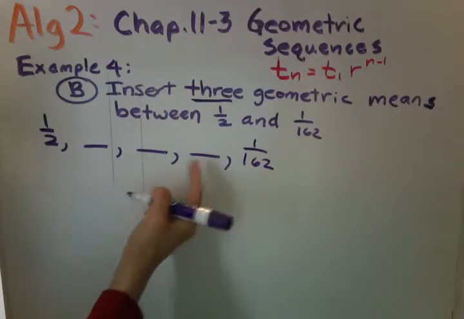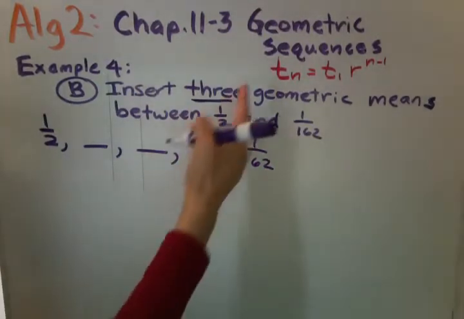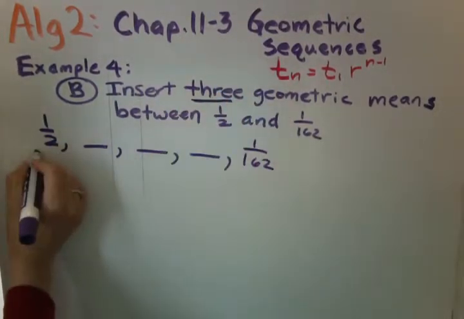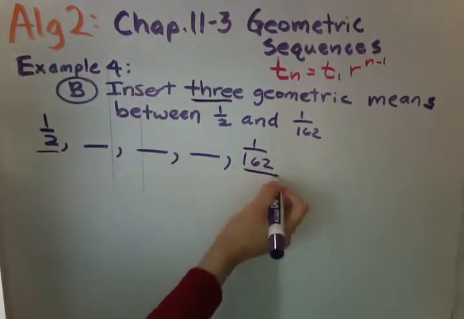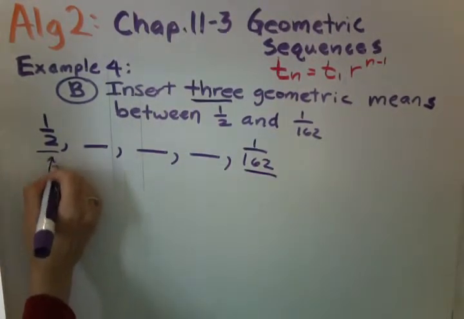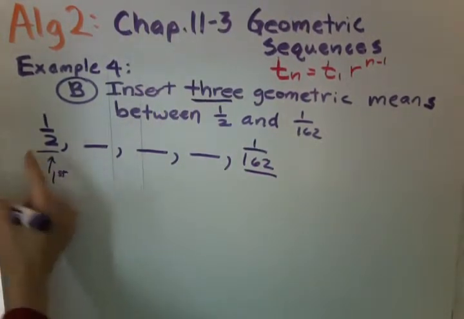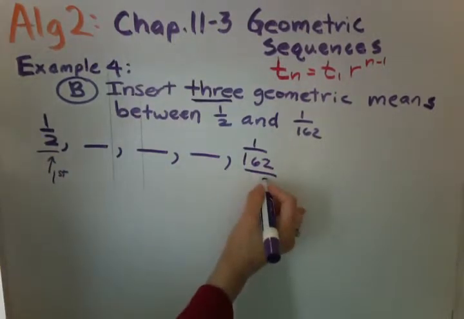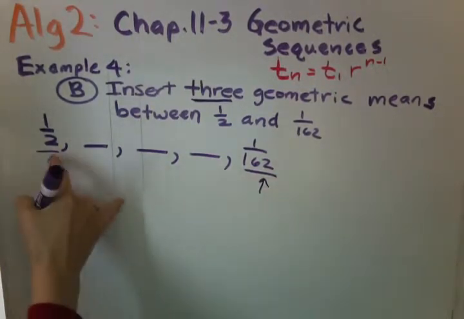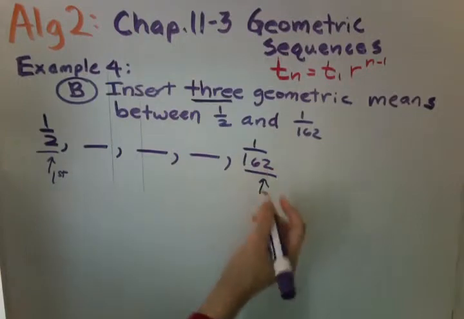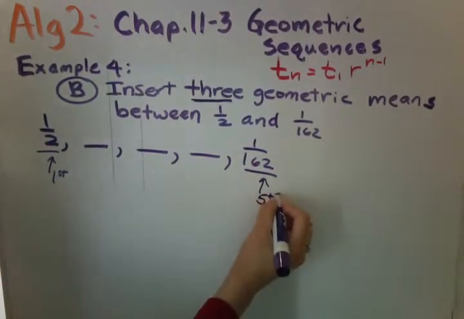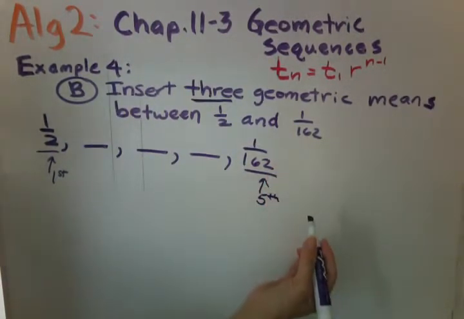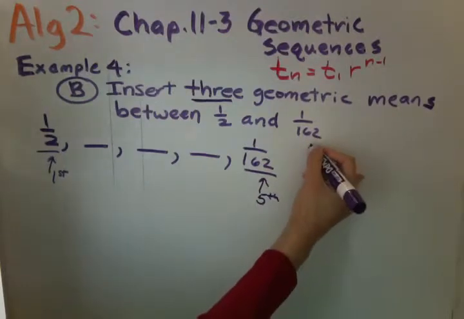But to find these values requires us to use this formula. So remember that this is the value of our first term, and this is the value of our fifth term. And we're going to use that formula.